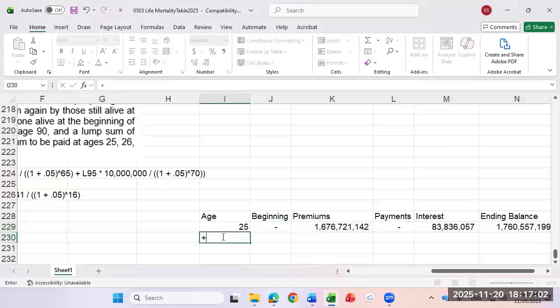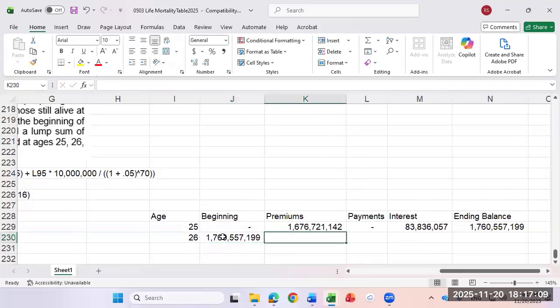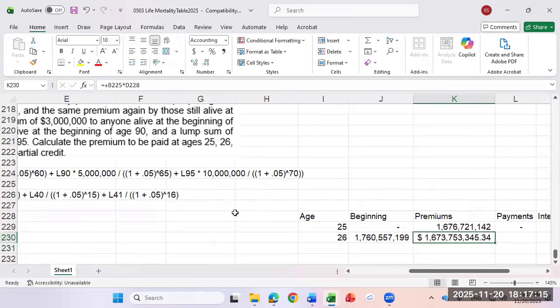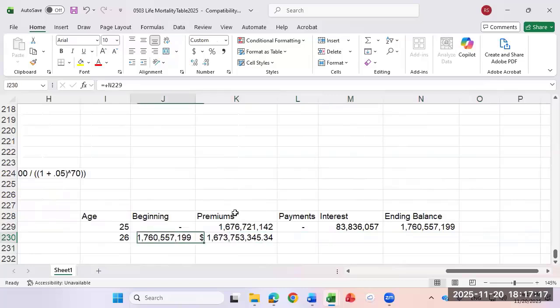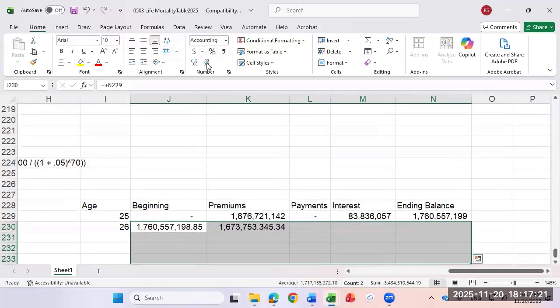And the next age is 26. Our beginning balance is our previous ending balance. We do receive a premium again. We receive L26 times the 16,000. We don't pay anything.